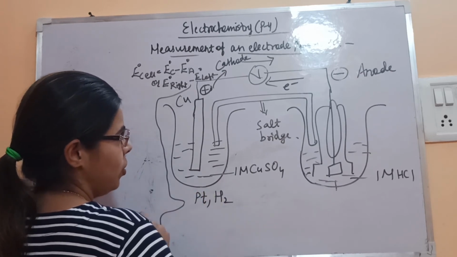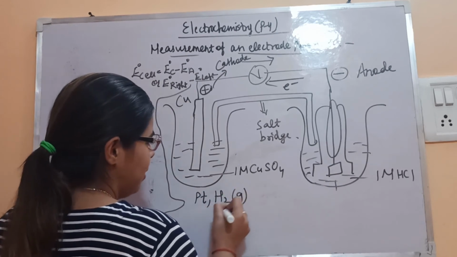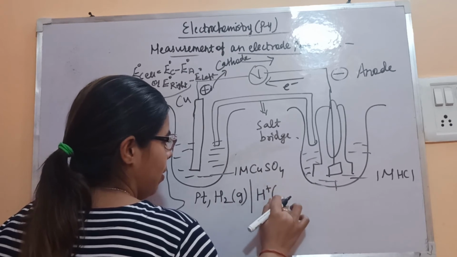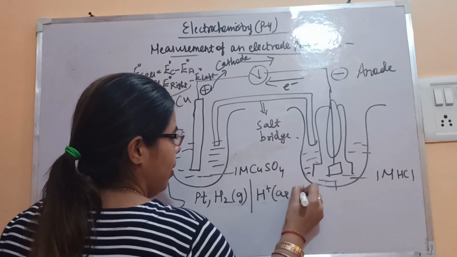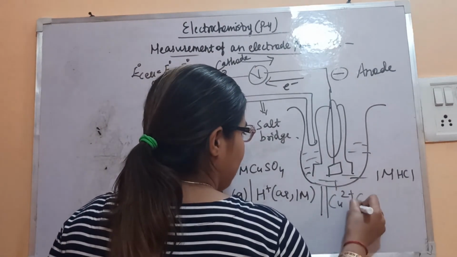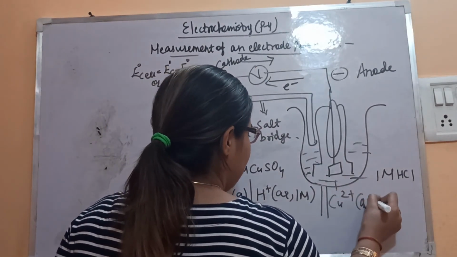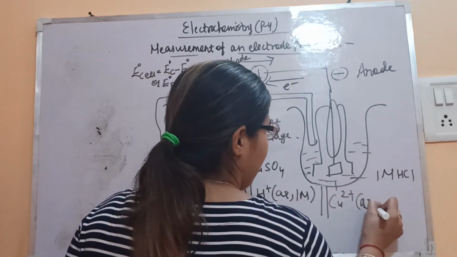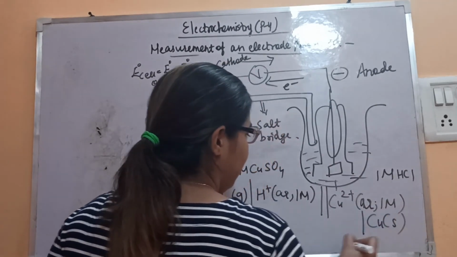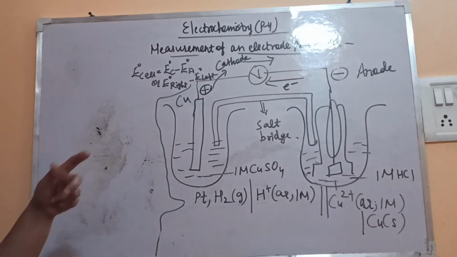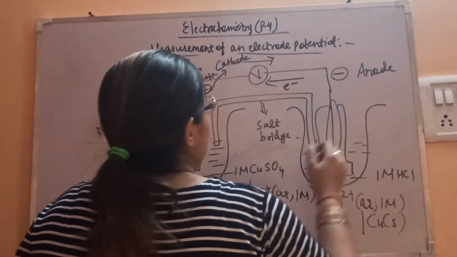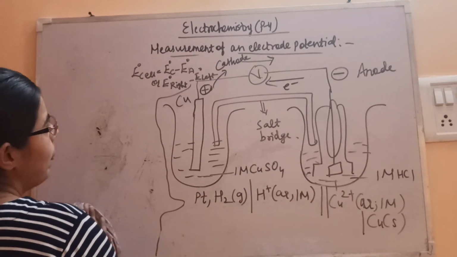Hydrogen gas, then H+ 1 molar. Then the salt bridge will come, then copper ions aqueous, 1 molar, Cu salt. This is the representation of this cell. Similarly, we can represent any cell.